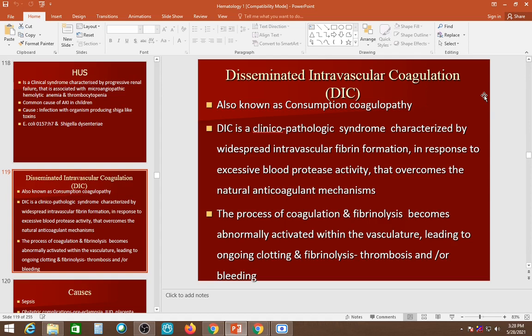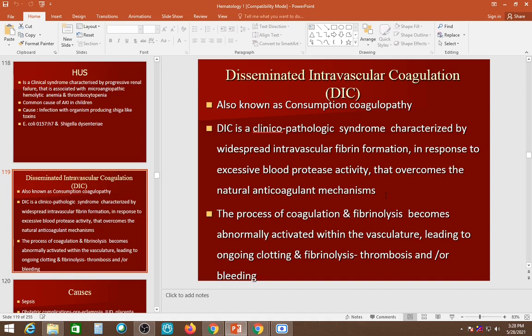DIC is also known as consumption coagulopathy. So what is DIC basically? It is disseminated intravascular coagulation. This is basically a clinicopathologic syndrome characterized by widespread intravascular fibrin formation in response to excessive blood protease activity that overwhelms the natural anticoagulant mechanism.